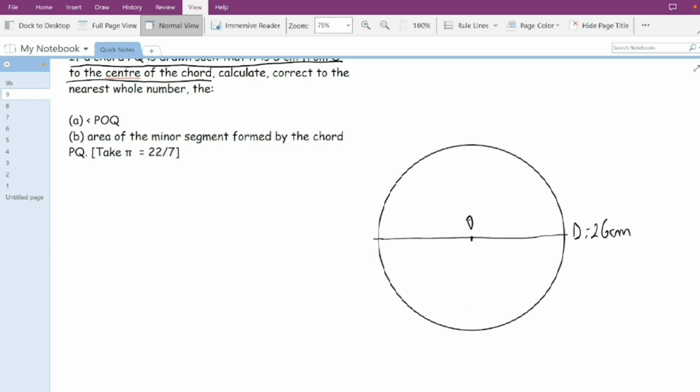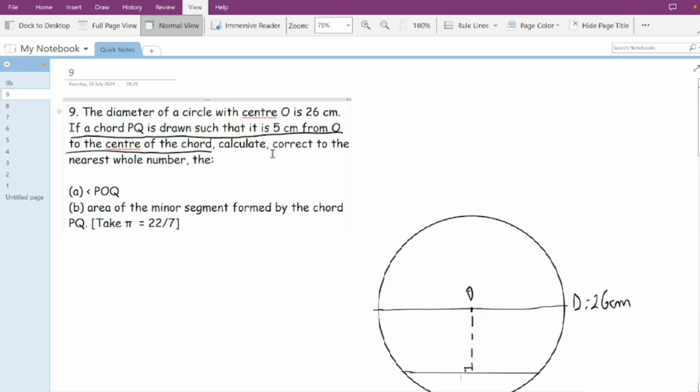So this is our chord and this is our diameter, and from the center to this side is the radius, same as this side. We have our chord here. In dotted lines we make it 5 centimeters, and this makes an angle 90 because it divides the chord into 2 equal parts.